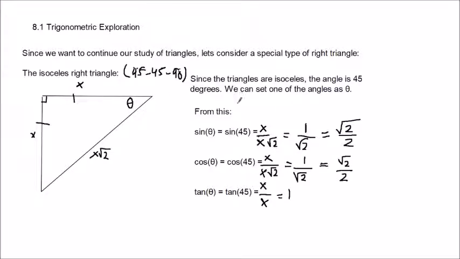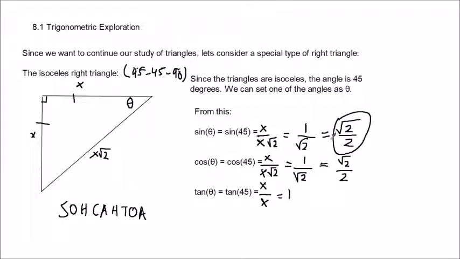So if we set one of the angles to be theta, from SOHCAHTOA, we can find out that sine is opposite over hypotenuse, which is x over x square root of 2, which is 1 over square root of 2, which you normally see as square root of 2 over 2.